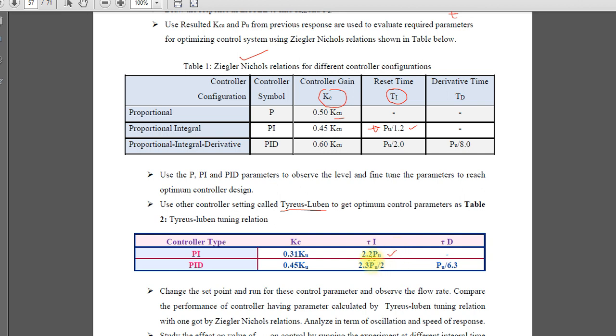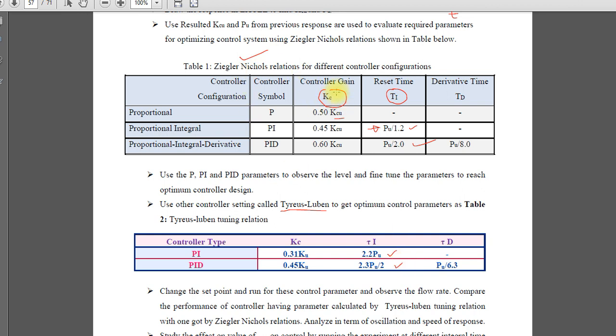So in this case, we expect that the tau I value will be higher than in the Ziegler-Nichols method. Same here for PID: Pu divided by 2, and here we have 2.3 Pu, so this is also going to be more. We'll discuss the effect of having a higher or lower tau I value.